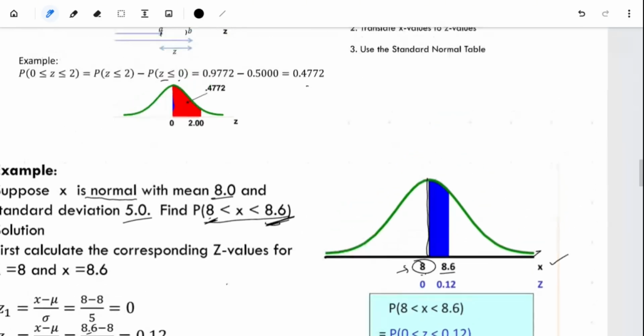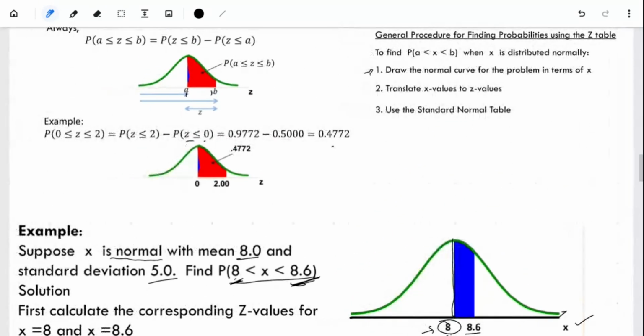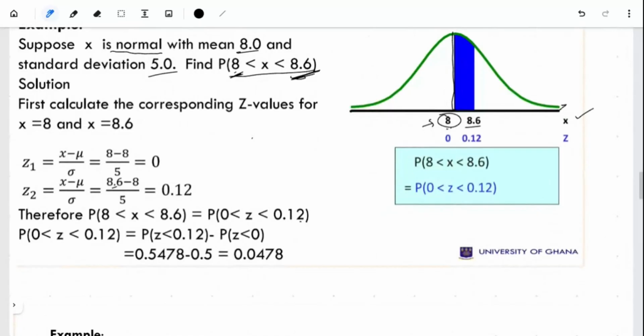Our next step says we should translate x values to z values. How do you translate from x value to z value? We know the formula for the z value is x minus the mean, all over the standard deviation.